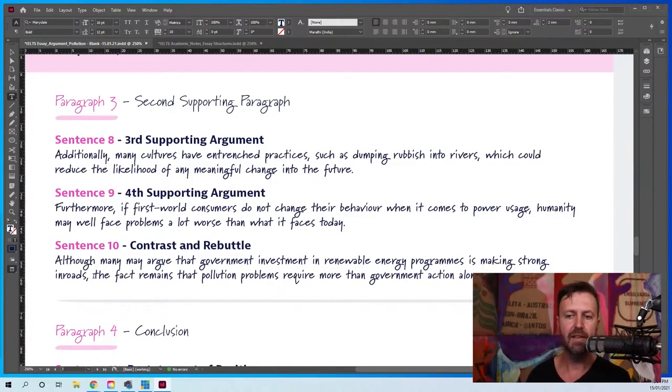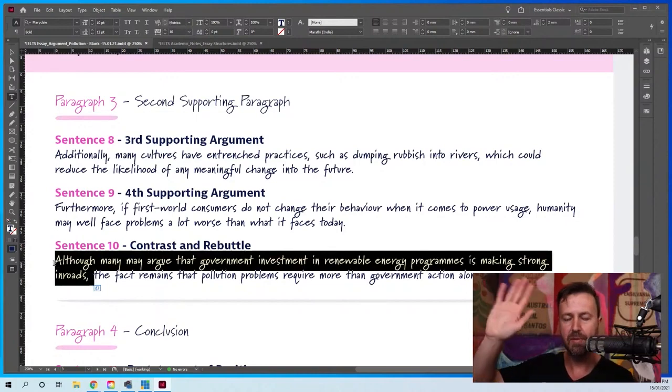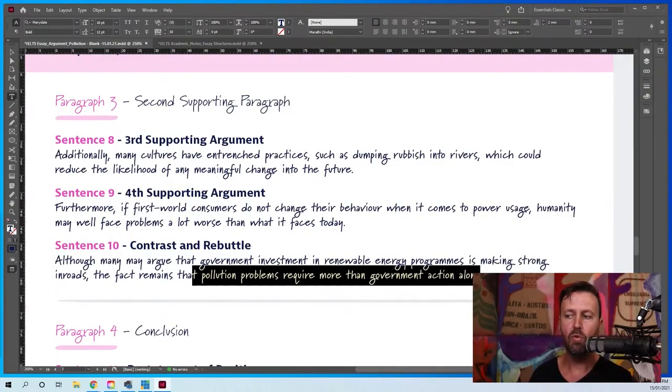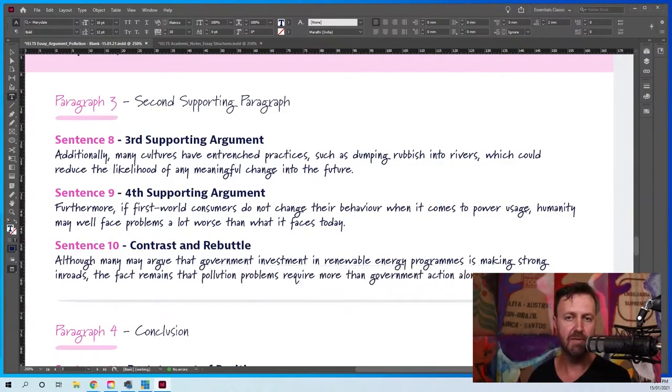So again, the challenger says, yeah, but what about renewables? And we say, understand that. However, pollution problems require more than just government investment alone. We need action. We need people changing. We need commerce, the commercial side changing. We need everybody part of this program.